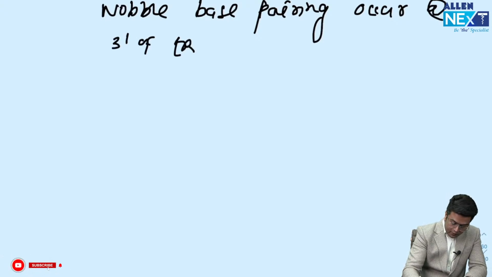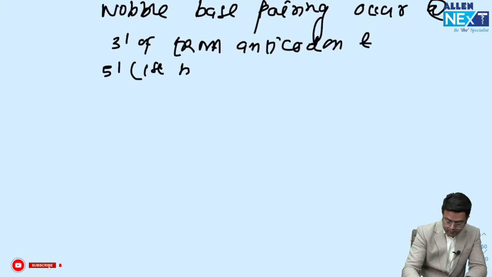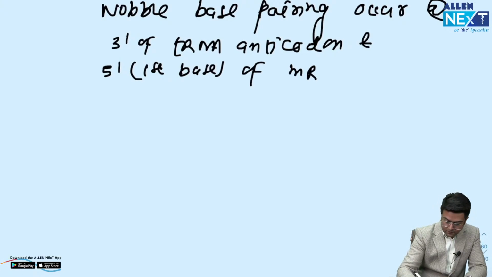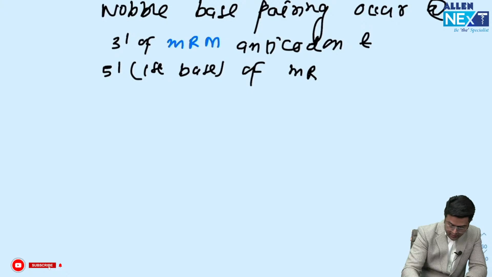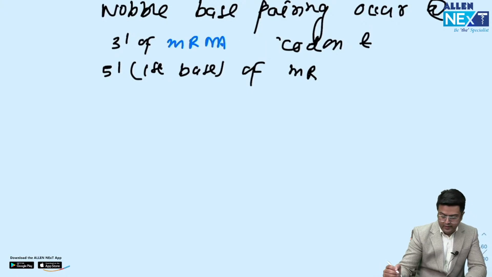Right, it occurs at the 3' of the mRNA codon and the 5' of the tRNA anticodon, the first base of the anticodon.